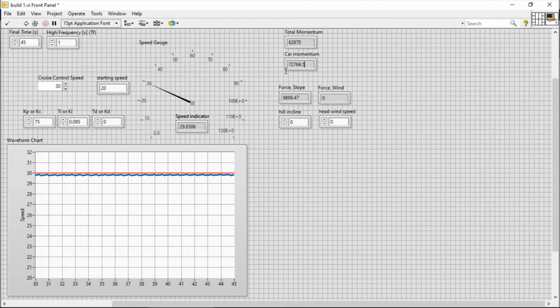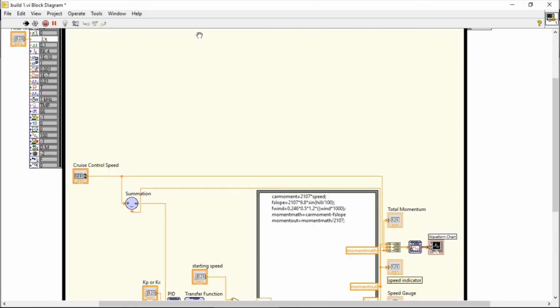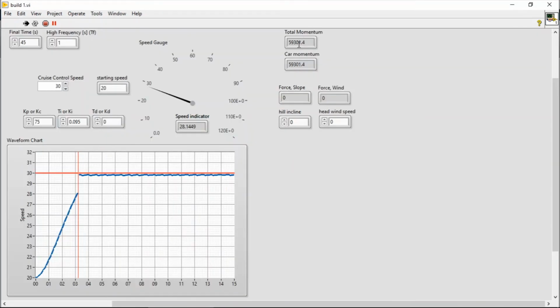So if you take this minus this, you're going to get this. And if we leave it at 0, whenever we start it, you'll see that these two are actually going to be the same. So if I pause it here, you can see that they're going to be the same.